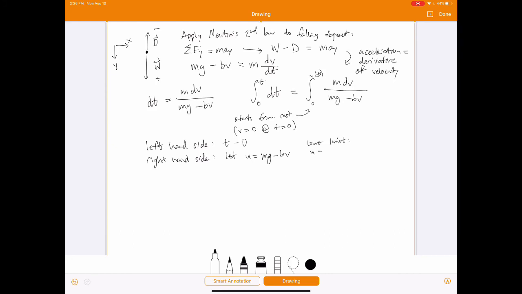Well, u is equal to mg minus bv. Now, the old lower limit for v was 0, right? That's right up here. So if we plug in 0 for v, we're just going to get mg. On the other hand, if we plug in v as a function of time for the top limit, this is what we get for the upper limit.